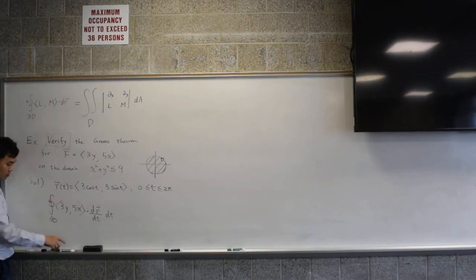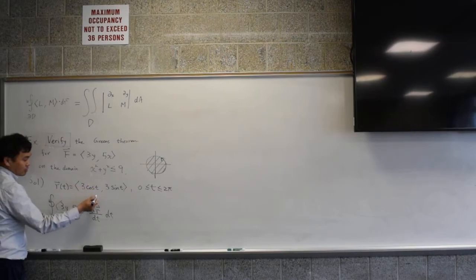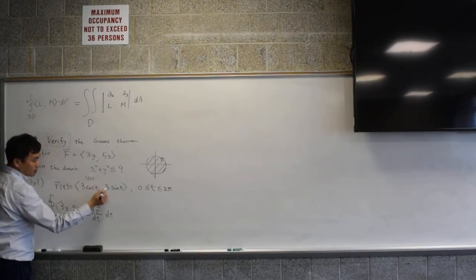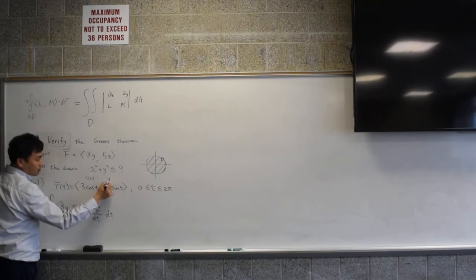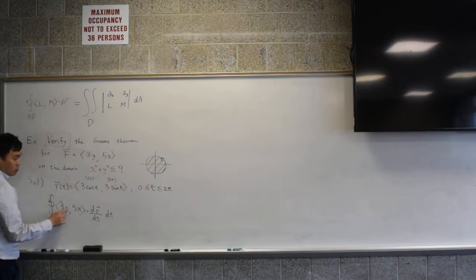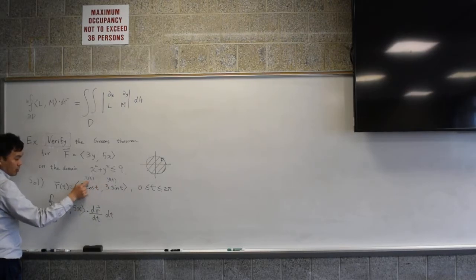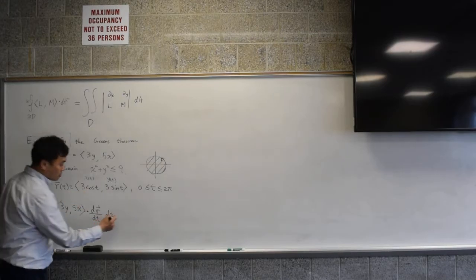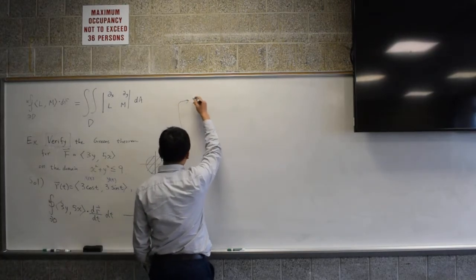So think about this as x(t). You think about this as y(t). Right? So your y should be replaced by 3 sine t, whereas your x should be replaced by 3 cosine t. All right, so let's do that. Let's continue to calculate.